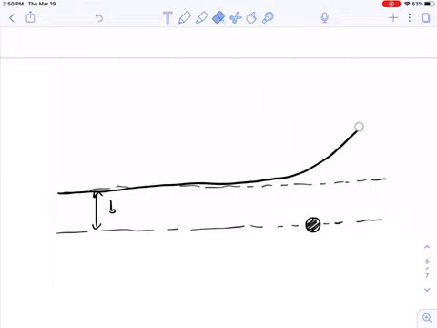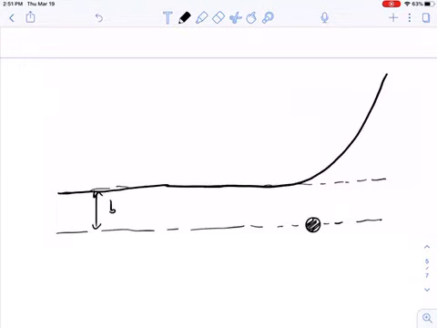Let's try that again. Okay, maybe one more time. Okay, let's go with this one.